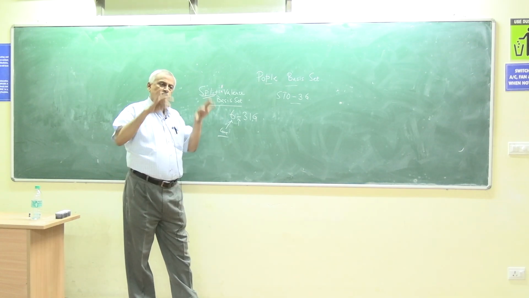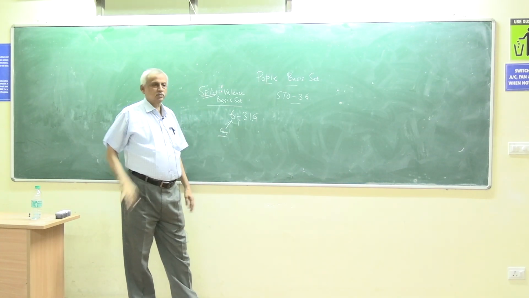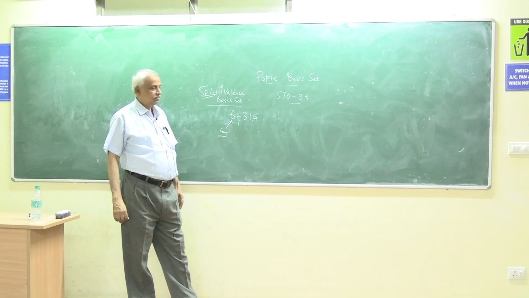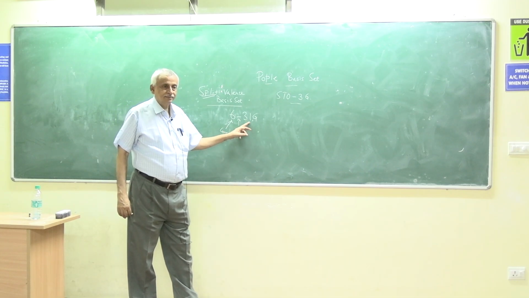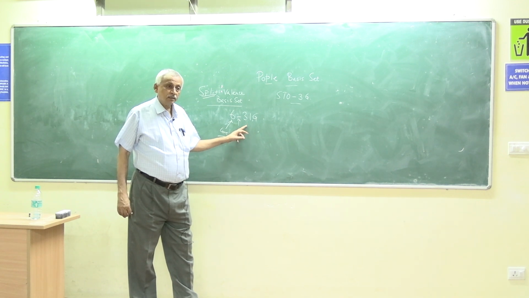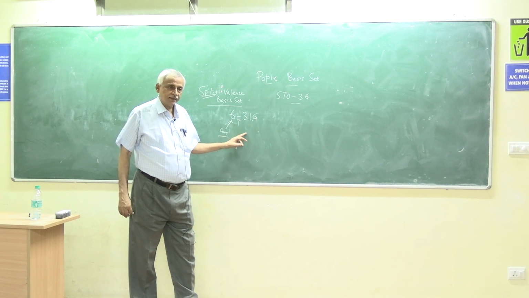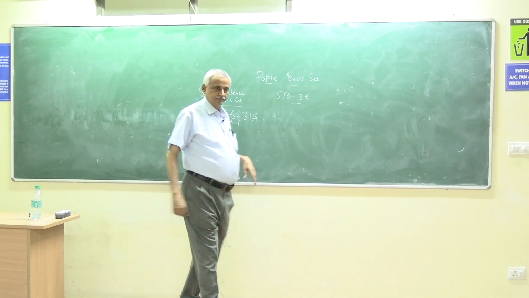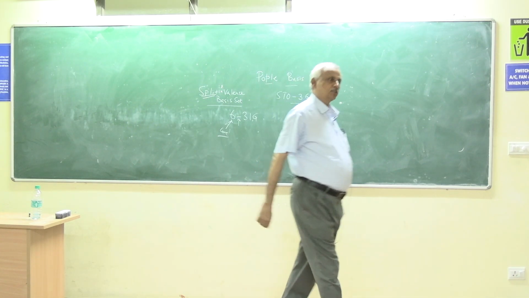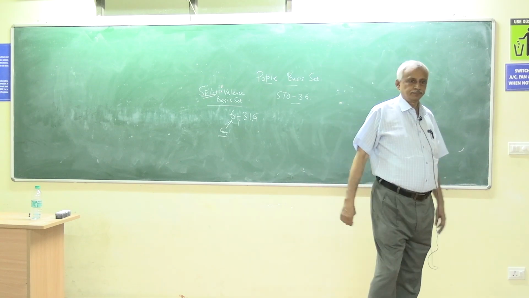Whole of core, I am just dumping only 6 Gaussians, whatever is there in the core. Then valence, I am writing one orbital as a linear combination of 3 Gaussians and another as 1 Gaussian. So this is your 631G.